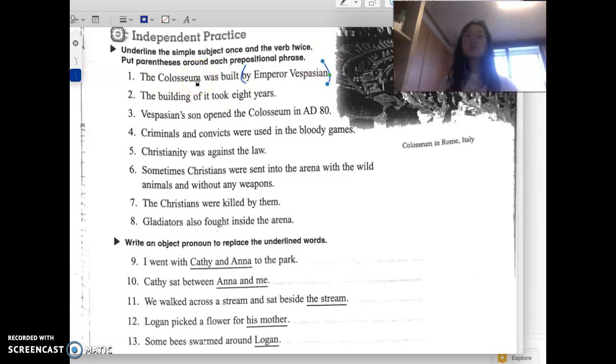Now, the Colosseum was built. Subject, Colosseum. Verb, was built. Number 2, the building of it took 8 years. Prepositional phrase, of it, it's in the middle. The building took 8 years. Subject, building. Verb, took. Okay, try the rest on your own.